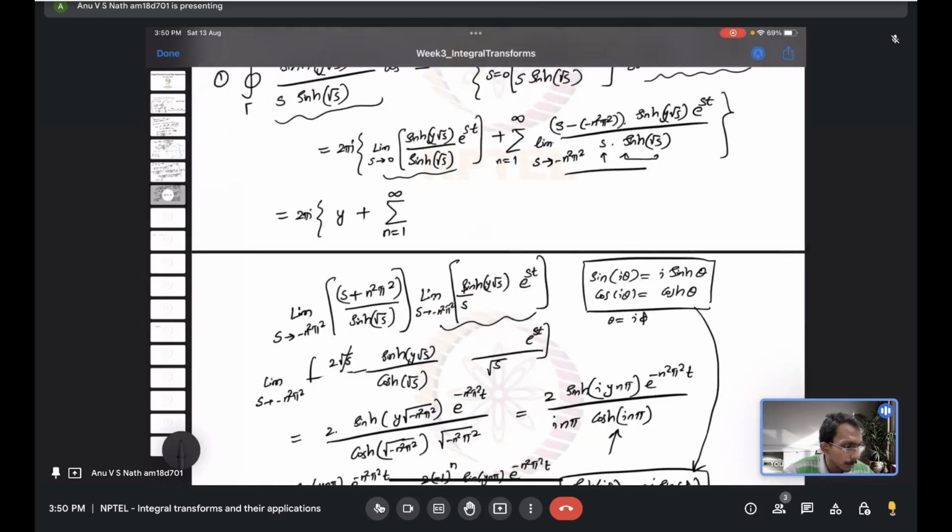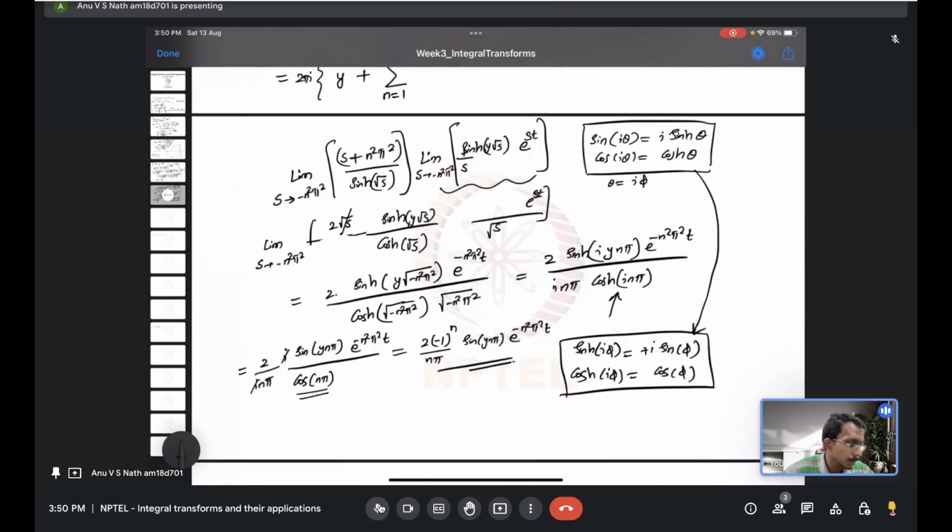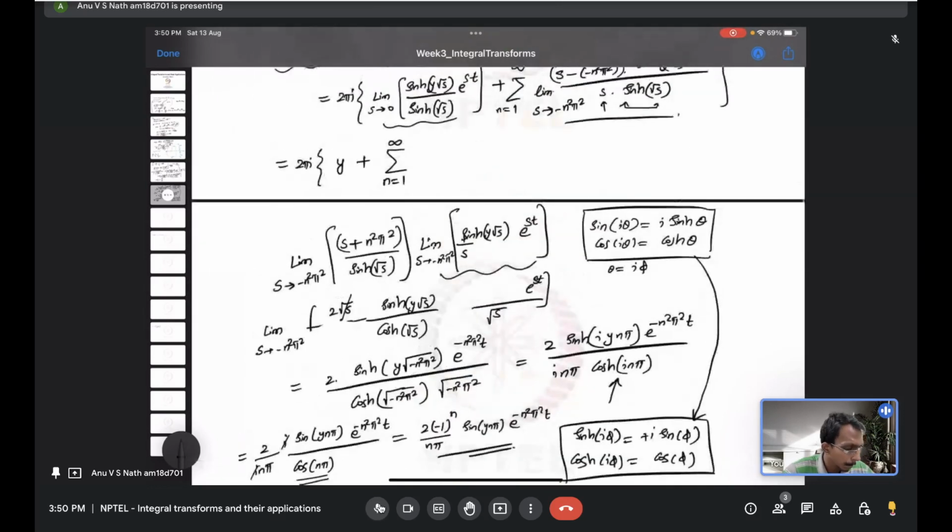That is this part. Now we can substitute this particular term here, that is 2 divided by n pi, minus 1 the whole raised to n, sin of y n pi, exponential of minus n square pi square t.